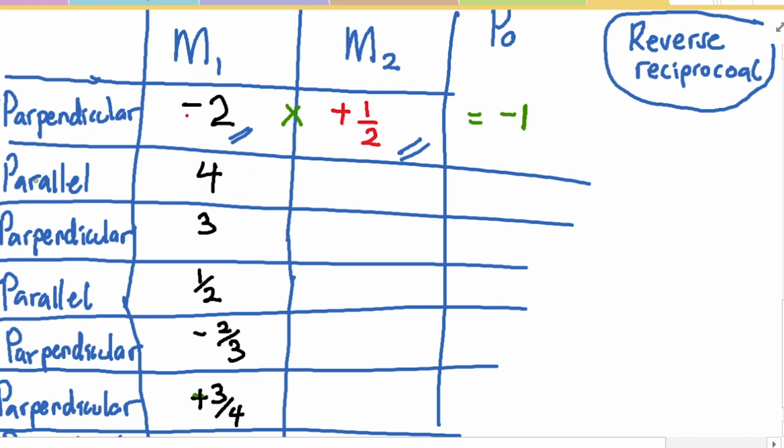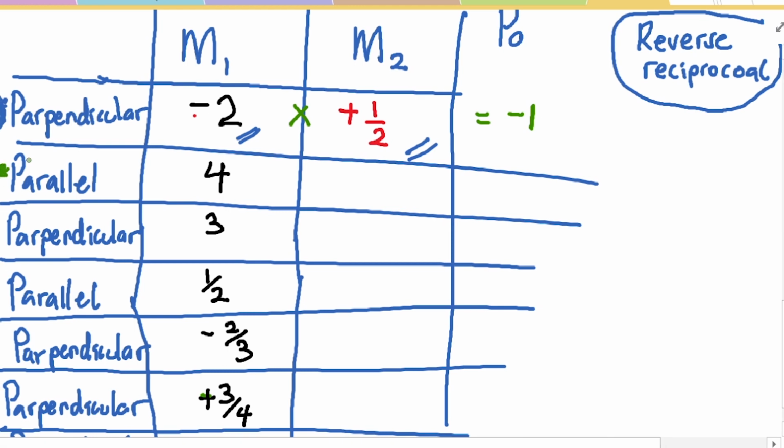Let's try the next. These are parallel lines now. We know that for parallel lines, their gradients are the same. So if the gradient of line 1 is 4, the gradient of the second line is also the same. Moving on to 3. This is perpendicular and it is +3. For perpendicular lines, we use this reverse reciprocal.